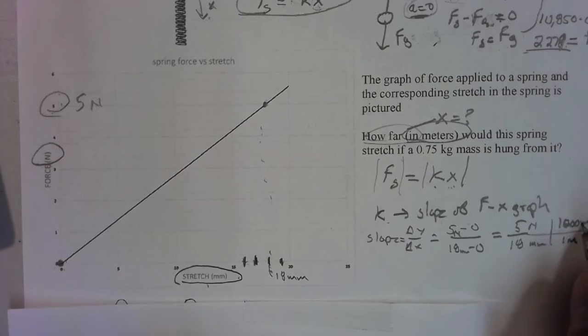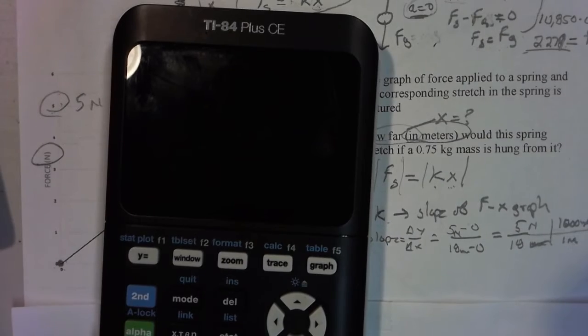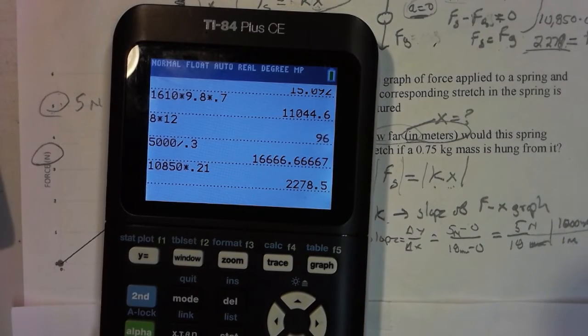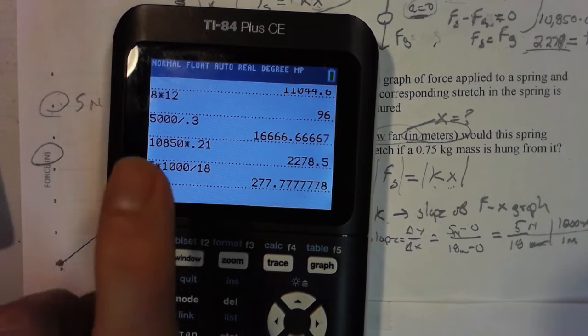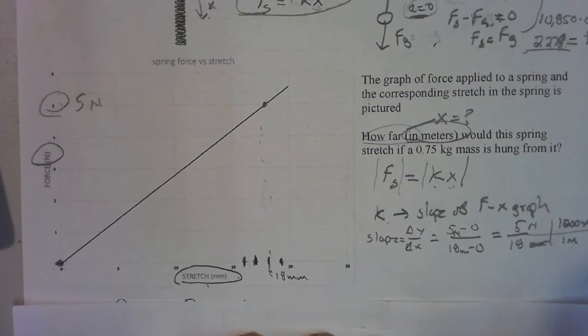And now that's millimeters on top. The millimeters cancel. Got meters left. So 5 over 18, 5 times 1,000 divided by 18. 277.77.